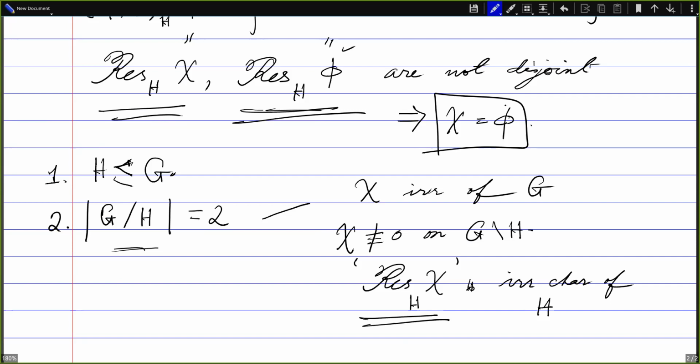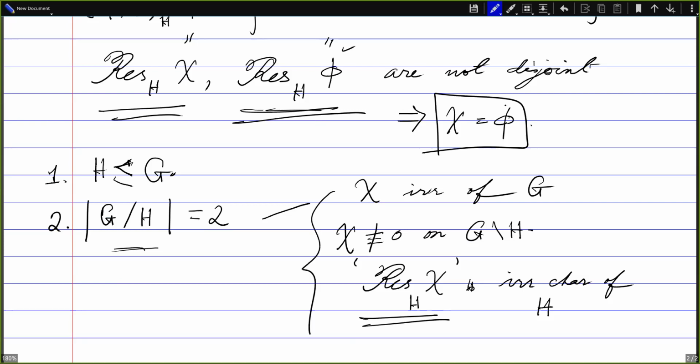Okay. So what I mean is the following: all the distinct characters of G which do not vanish identically outside H, once we restrict them to H, we will get exactly that many irreducible characters of H. Clear? I repeat.